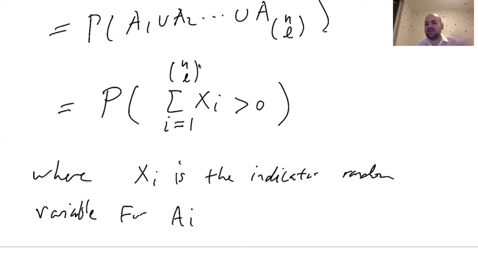This is the idea that we used previous times as well, to show existence of a triangle. For example, we considered different indicator random variables, and then we looked at the sum of those indicator random variables to find out when the sum would be positive.